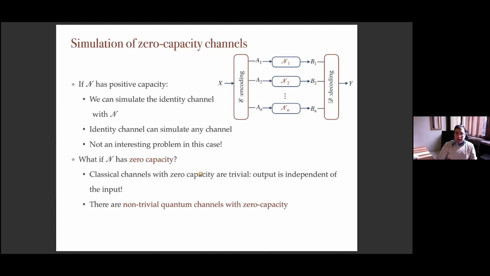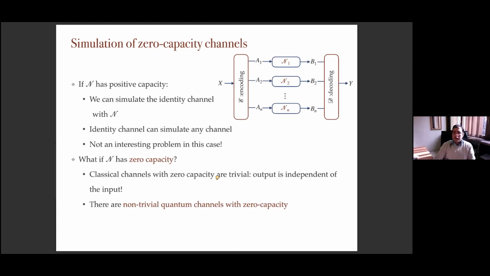If the channel is classical and its capacity is 0, then the channel is trivial. If you know about Shannon's theorem, the capacity of a channel is 0 if and only if the output of the channel has nothing to do with the input. It's like the channel ignores the input and produces something random as the output, or something fixed. It doesn't matter. The point is that the output of the channel is independent of the input.